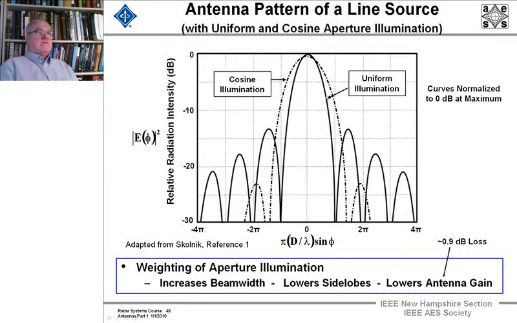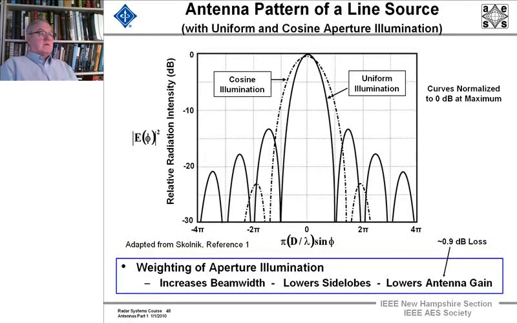When we take the uniform illumination, we get much higher side lobes. When we put the cosine illumination on, we don't lose very much at all in the main beam, but we broaden it, and we get very much lower side lobes.